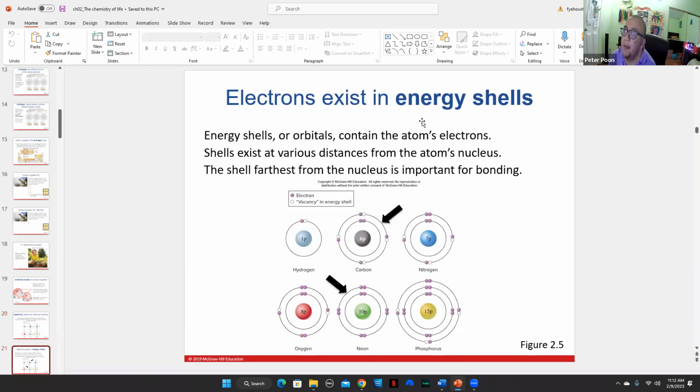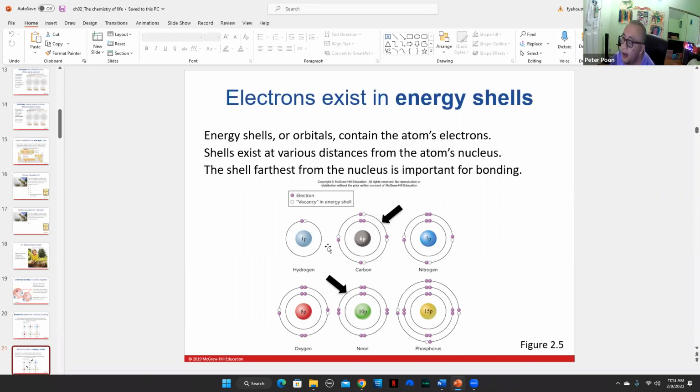Electrons exist in energy shells or orbitals. You fill the electrons into the lowest energy shell first, and the energy shell on the outside is going to be responsible for bonding.